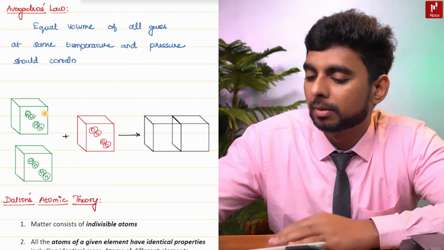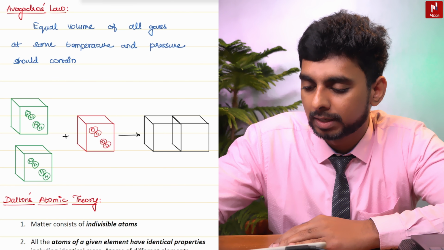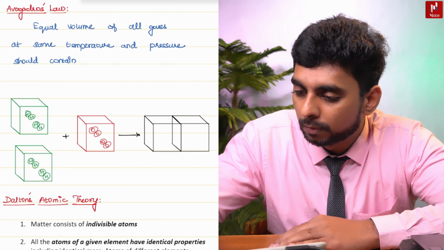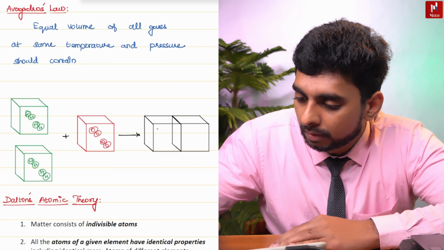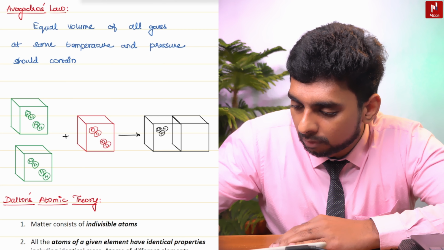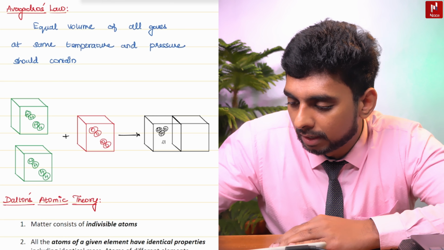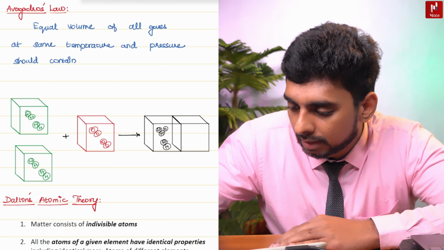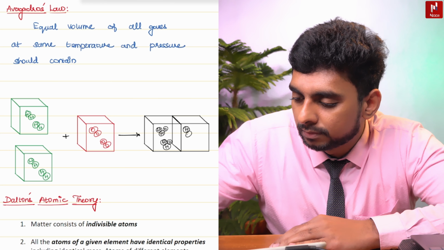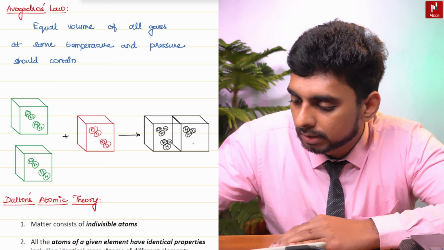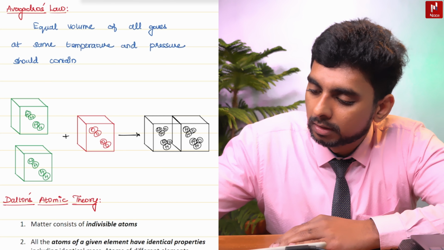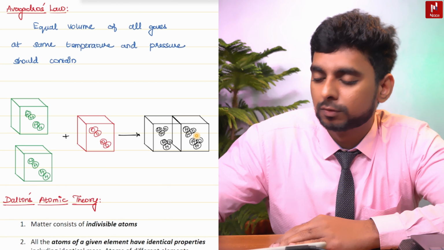When it is about to combine, it will produce water molecules, each of which has 2 hydrogen and 1 oxygen. Same way, 2 hydrogen and 1 oxygen, and then 2 hydrogen, 1 oxygen. Got it? So this will be the product that is formed over here.